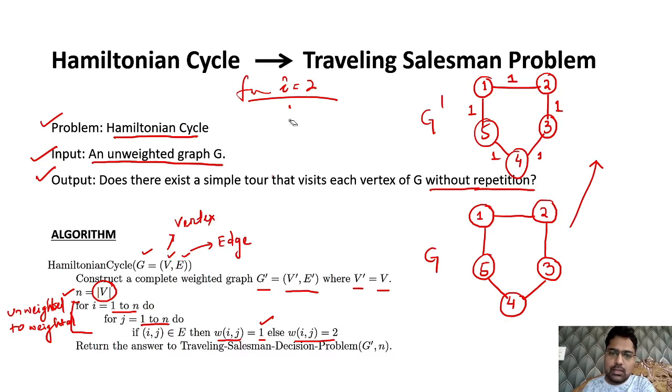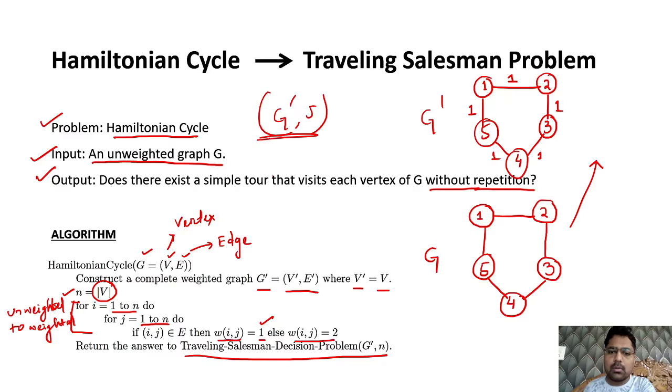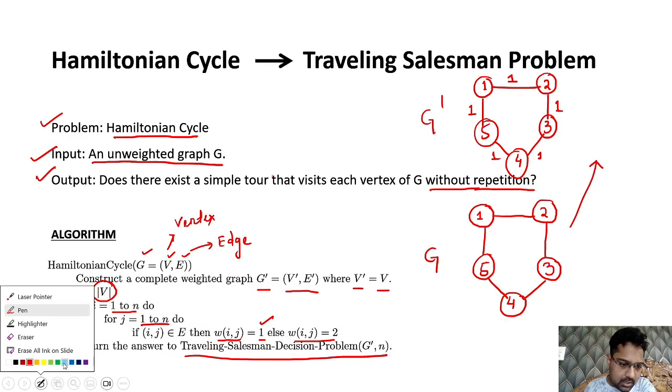Okay, next what we have to do, this inner loop is ended. Now we should run the traveling salesperson decision problem. This G dash with n, G dash 5, means the number of vertices is 5. We have to run this, which means we should find a path. Okay, I'm just changing the color.